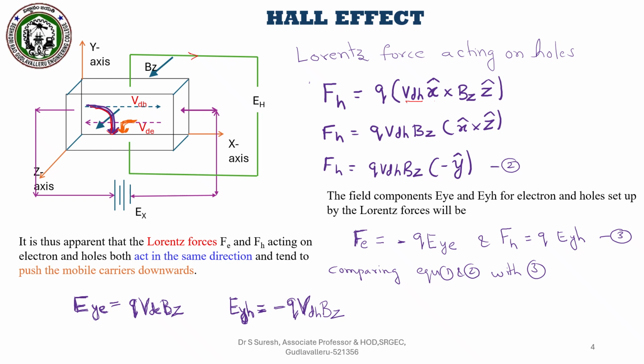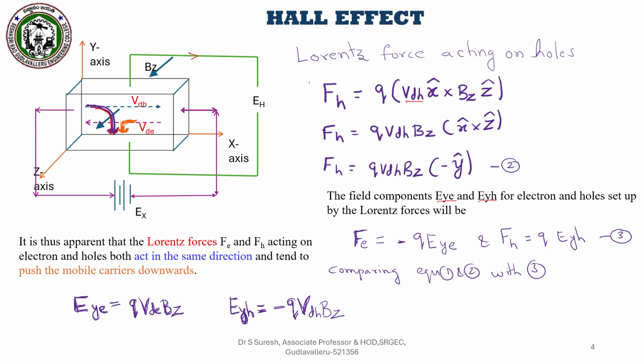right? So if some flow is taking place, there must be some electric field acting along the y direction. The field components EYE, that means the electric field acting on electrons along the y direction, and EYH for holes, are set up by the Lorentz force, and we calculate this.